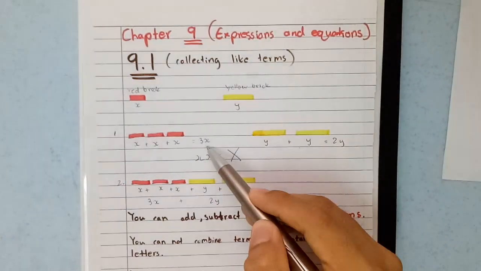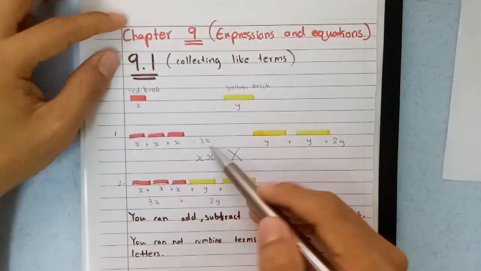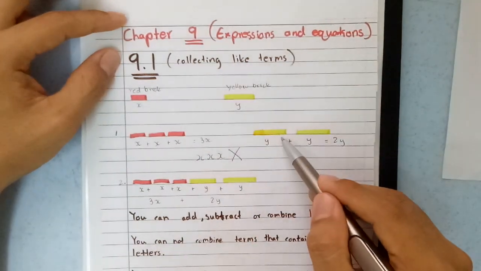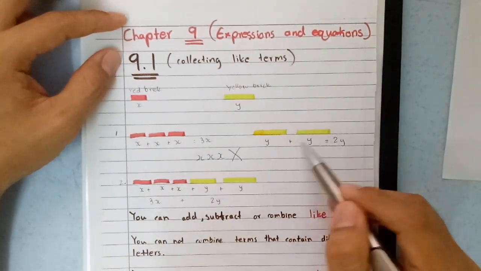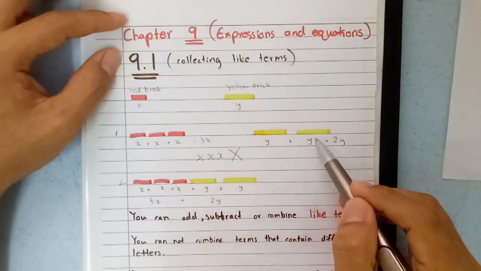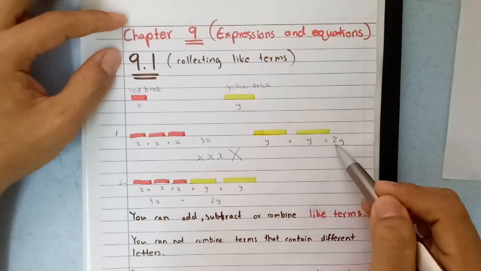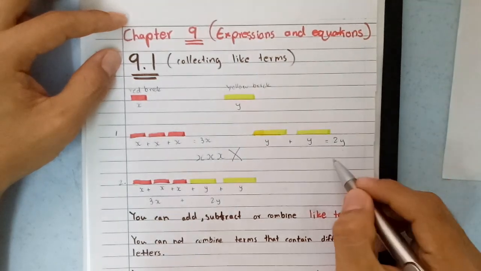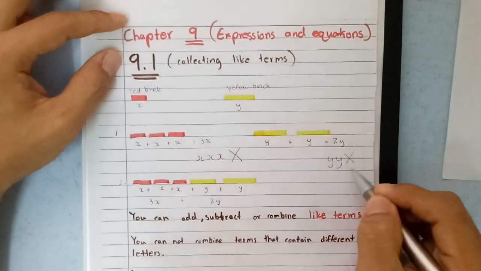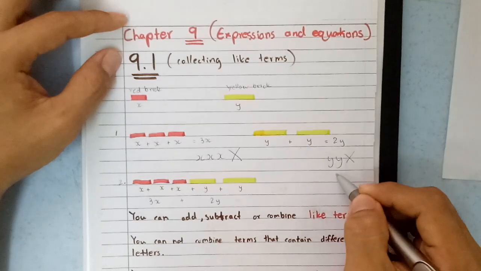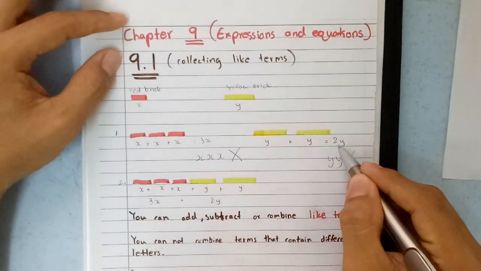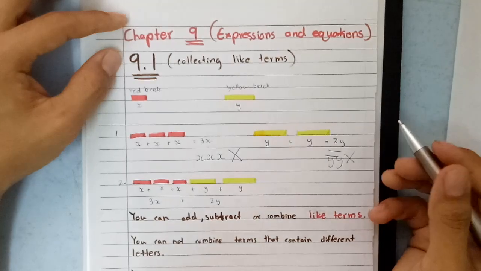It also applies to subtraction. Let's look at the yellow bricks. Why 2Y? Because there are 2 yellow bricks. When you add together you have 2Y. Again, you do not write like this, this is wrong. You write it this way, 2Y.